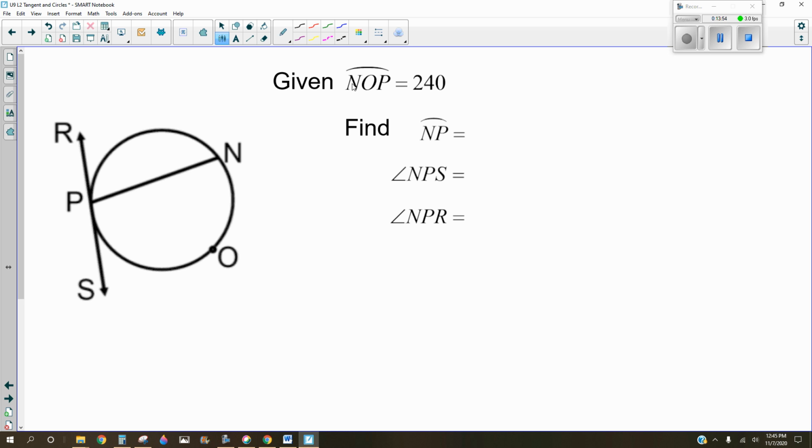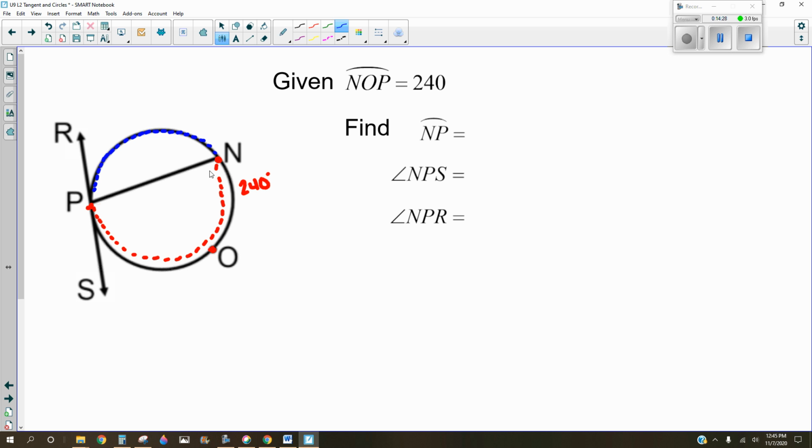So it says arc NOP is 240. So arc NOP, it's this one right here. 240. Find arc NP. Well, NP is the smaller one right here. Look, we have a whole circle.